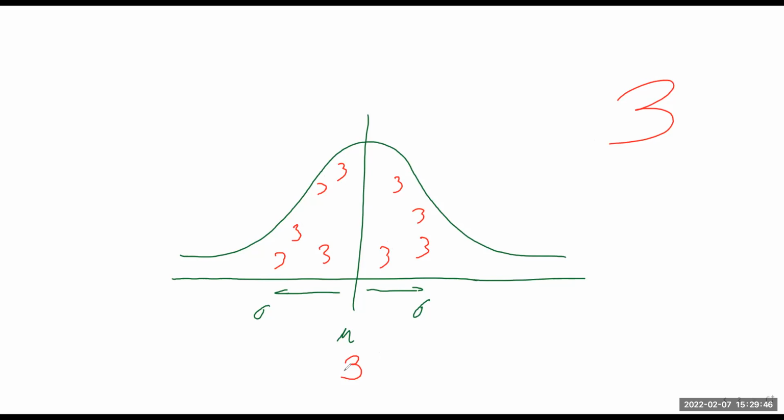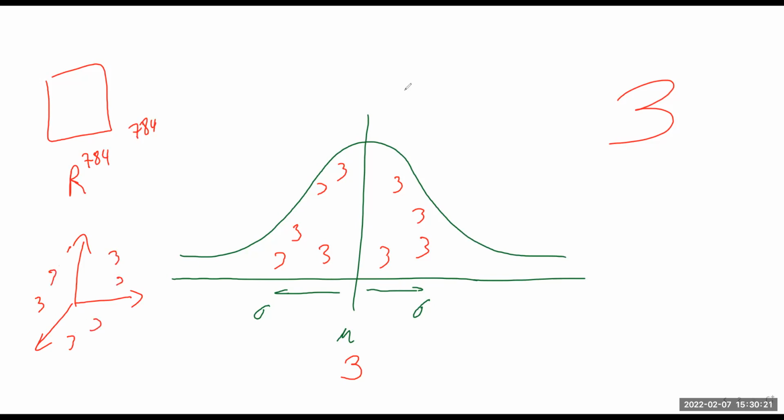And now, remember that the images are 28 by 28, so you can create basically a vector space for these images. This is 28 by 28, which becomes 784. So you have a way in that vector space, I'm just going to draw it as 3 lines but it's bigger, where you can put all the 3s, but you have one central 3, one mean 3.